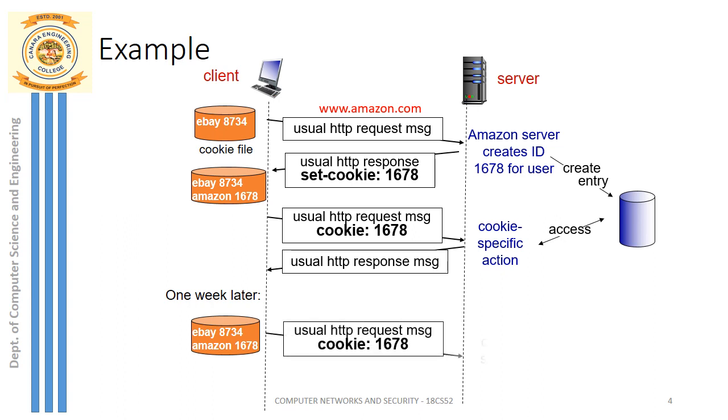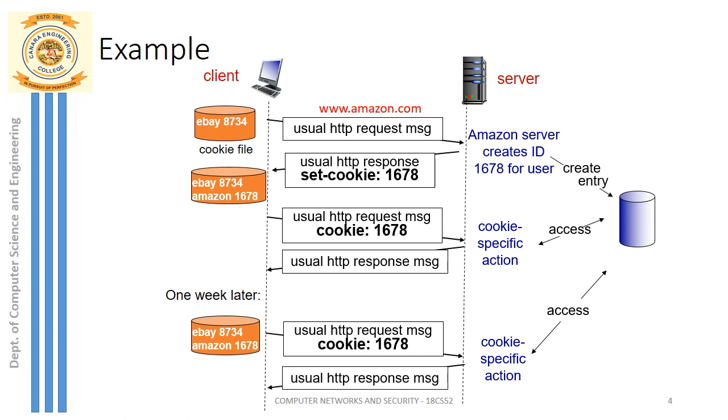So this will repeat for any further request made from the client. In this way, the server will keep track of the user's or client's session on the server side. The same cookie identification number will be used for further sessions.